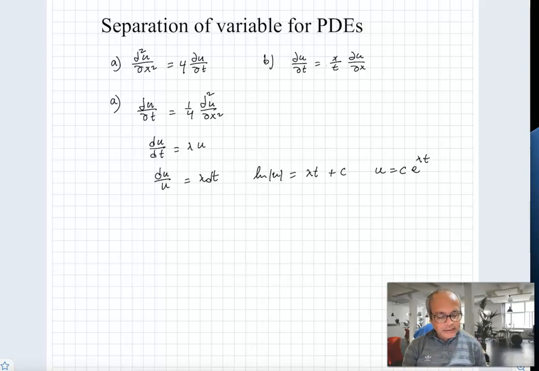Okay, so that's the separation of variable for ODE.